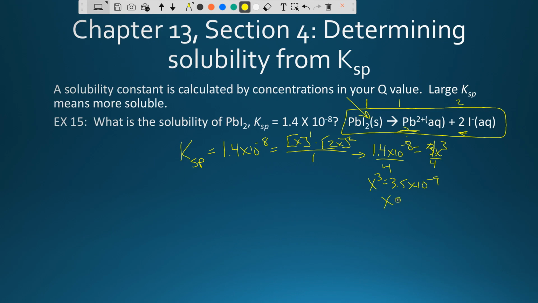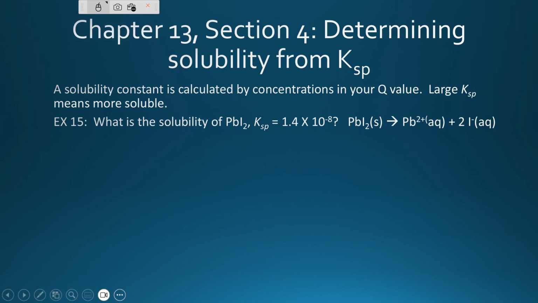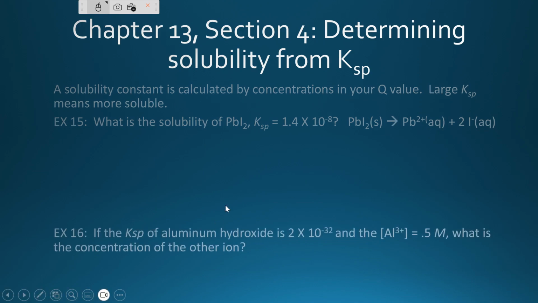If I take the cube root, I'll end up with 1.5 times 10 to the negative 3. The question originally was, what is the solubility? So that's how many moles per liter we would end up with. Pretty straightforward. That's how you do a problem given a solubility constant.